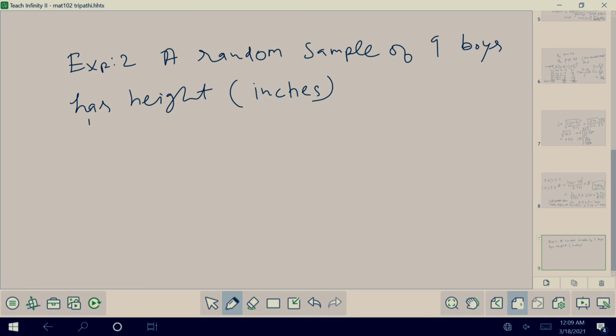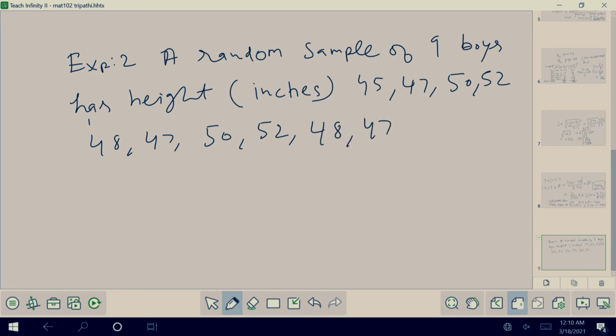That is 45 inch, 47 inch, 50 inch, 52 inch, 48, 47, 50, 52, 48, 47, 49, 53 and 51.